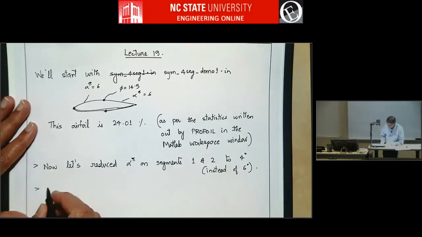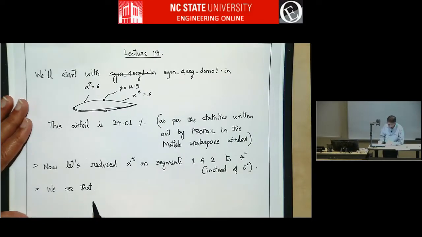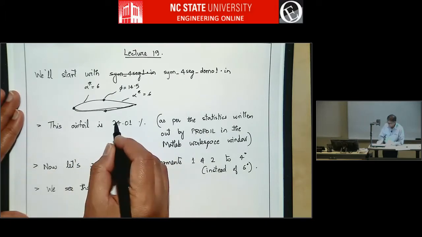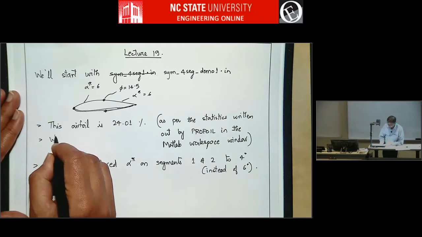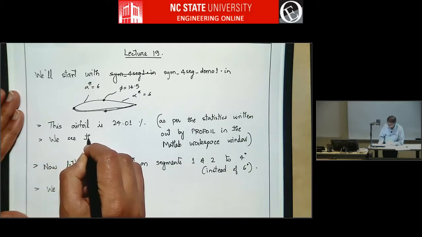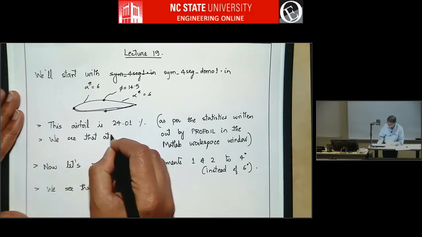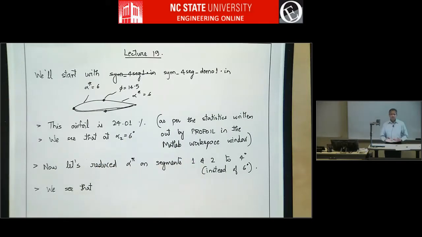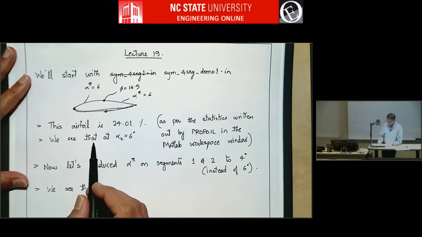We noticed, okay, so first of all, in the first demo we see that at alpha z equals 6 degrees, and because this is a symmetric airfoil, alpha z is the same as alpha, right? Angle of attack relative to zero lift angle is 0.